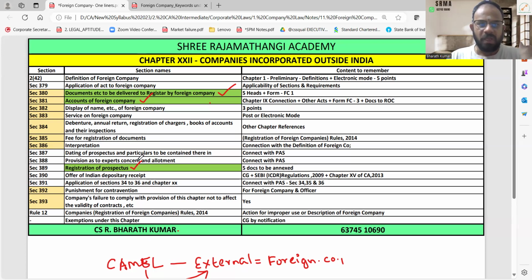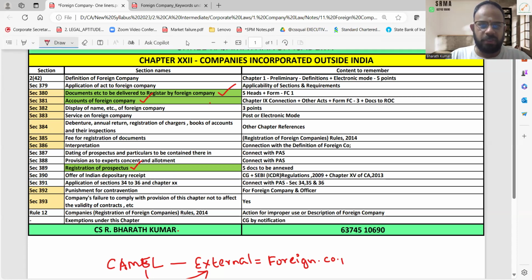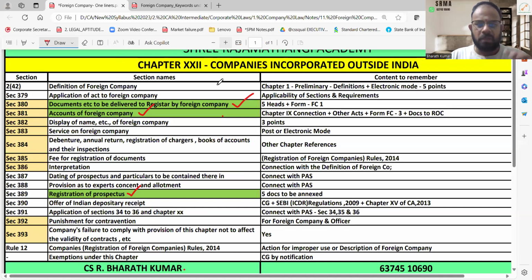Now, section numbers, section names, and content to remember. For this, we said the previous 10 chapters you should have covered. It has got no connection with the other laws. This is the only one thing. Section 2, subsection 42. If you see the first one, I hope it is visible. Section 2, subsection 42.